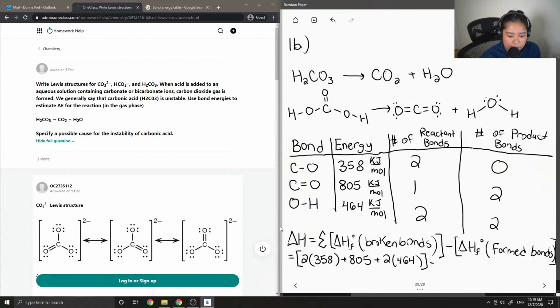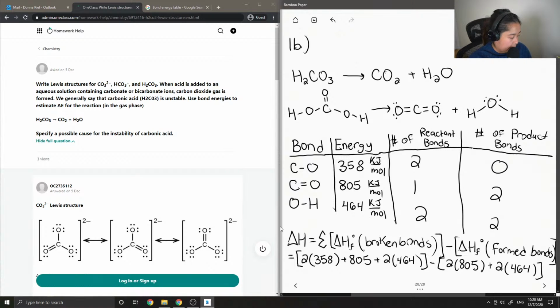And now I'm going to minus the sum of all of the bonds that were formed. So it is just the 2 carbon double bonded with oxygen bonds. So 2 times 805 plus the 2 OH bonds that were formed, 2 times 464.